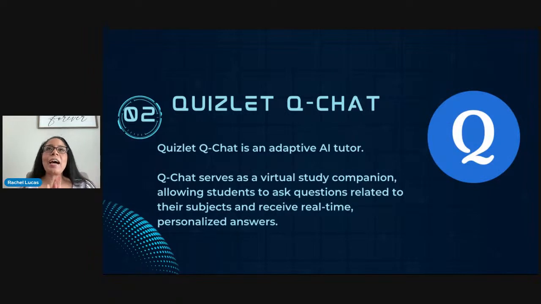All right, this one I love. This is actually a new feature. Now, you guys have probably heard of Quizlet and have probably been using Quizlet for years with your students. But did you know they have new AI features that I'm going to demonstrate for you? One of them is called Q-Chat. I'm going to demonstrate two of them today. Q-Chat serves as a virtual study companion, allowing students to ask questions related to their subjects and receive real-time personalized answers.